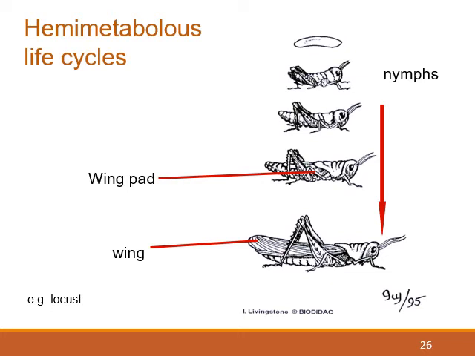So the juvenile stages don't have any wings, they just have these simple wing pads. The juvenile stages are all fairly similar to one another, and it's in this final molt to the adult that results in the most changes. And in insects with this hemimetabolous life cycle, the larvae and the adults live in the same habitats and eat the same things.